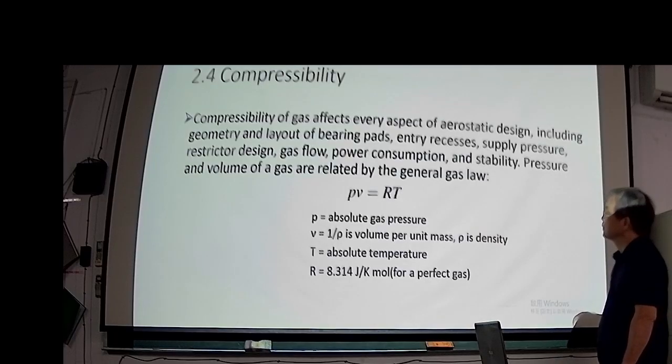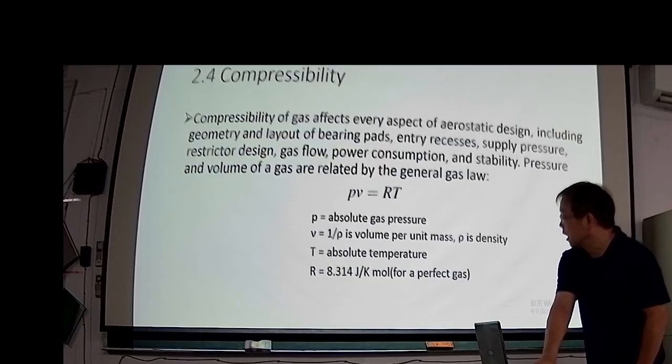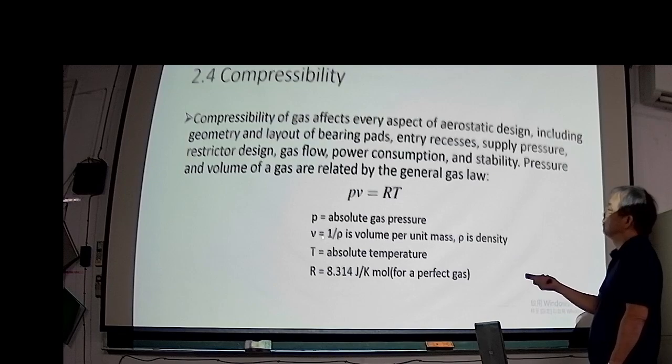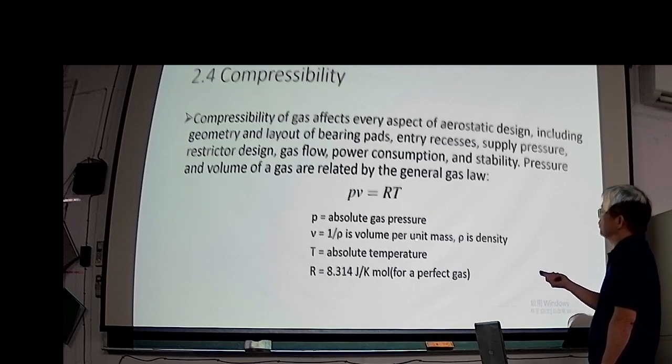Okay, so the P is the absolute gas pressure. V is equal to the volume per unit mass. Okay, the rho equals the density.